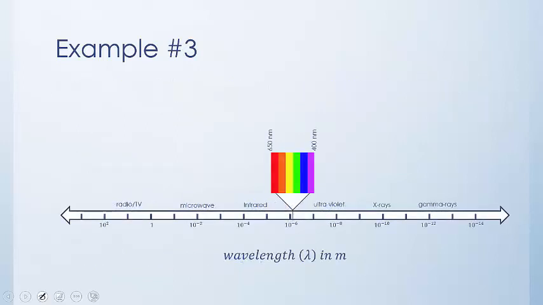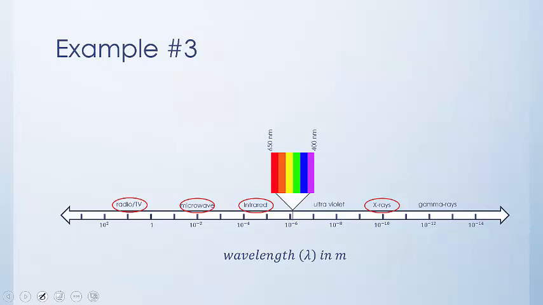Let's refer back to the electromagnetic spectrum that we just talked about and identify the regions that we were asked to choose between. They were X-rays, infrared, microwave, and radio and TV. We were asked to find the one which has the highest frequency. The highest frequency is going to be found when our wavelength is shortest.